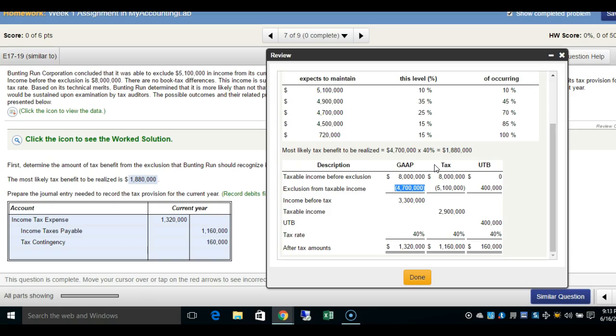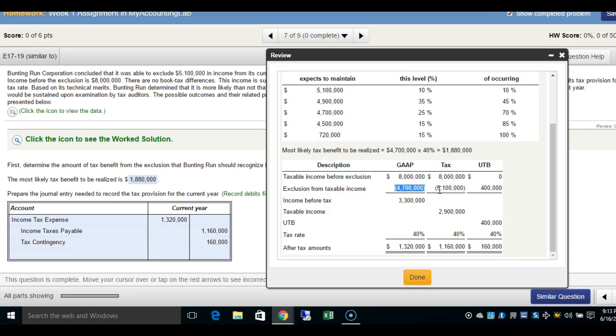On to our tax books. We have the same $8 million income before the exclusion, but for the exclusion from income, we're going to take the whole $5,100,000 on our tax return. But as we determined through this process, per our GAAP, for what we're reporting on our financial statements, we're only going to recognize $4,700,000 of that exclusion.